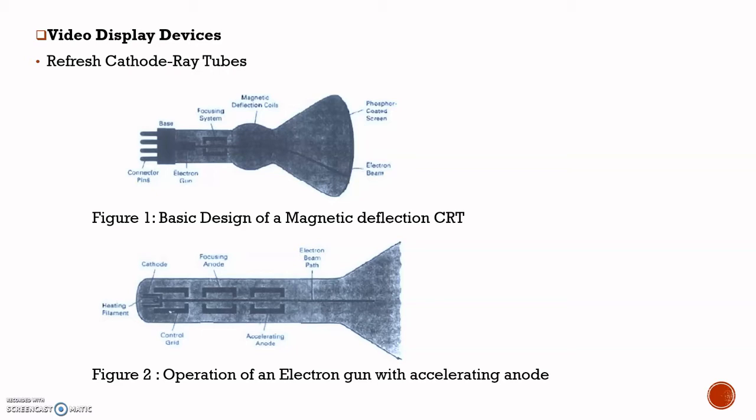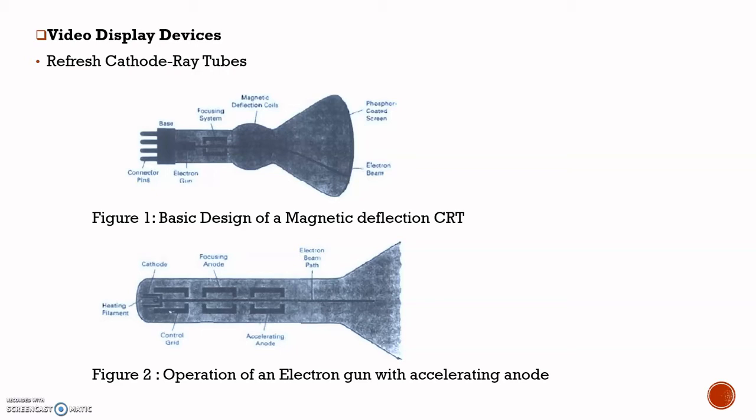After a short time, the excited phosphor electrons begin dropping back to their stable ground state, giving up their extra energy as small quanta of light energy. It comes back to the stable ground state and produces light energy, giving up its extra energy.